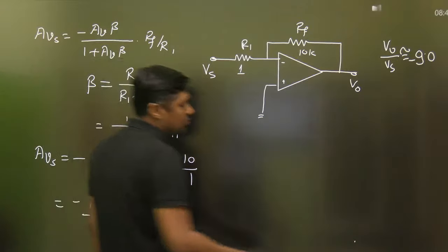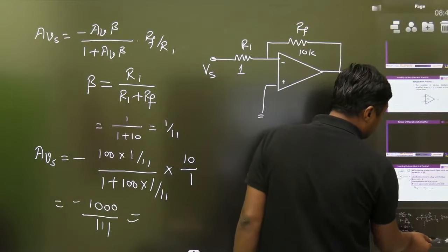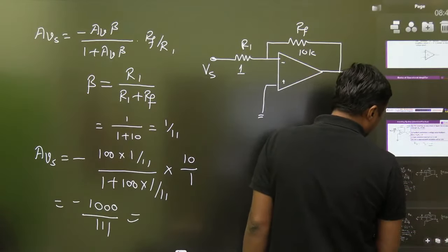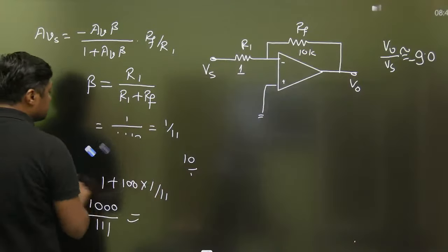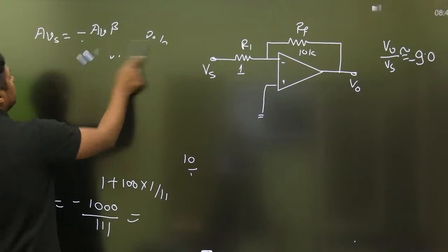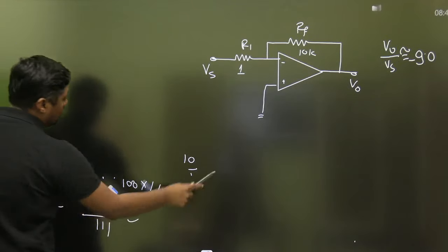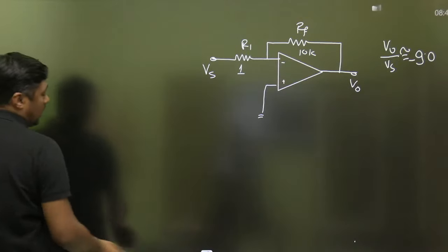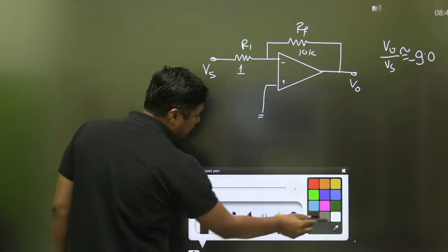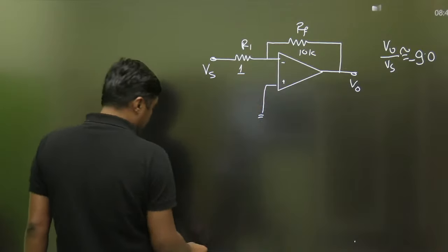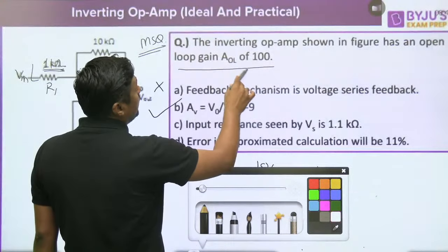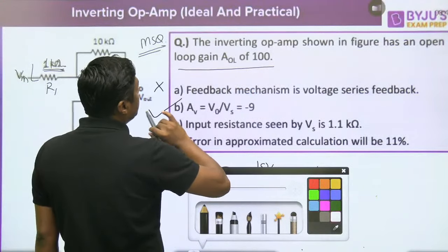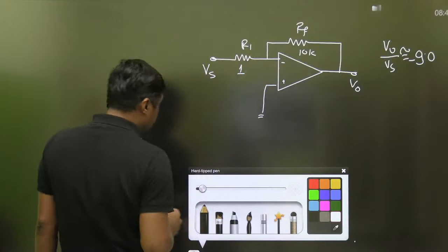In that case we have to apply Miller's theorem. What is Miller's theorem? I am going to give you the idea about that. If you want to calculate the input resistance, it is not the 1 kilo ohm in this case. How to solve? Because we have to apply the exact analysis, with AOL 100 and RF given as 10 kilo ohm.